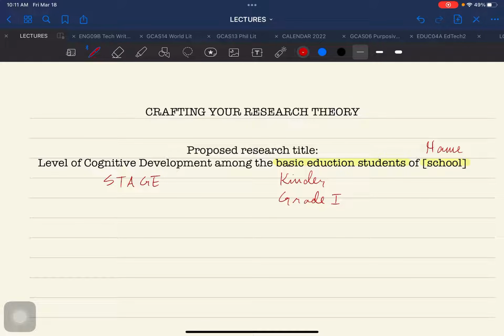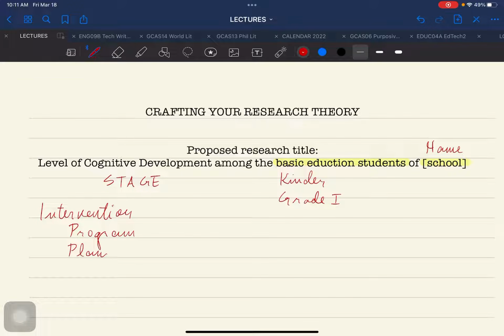This can be a basis for a plan, an intervention in the form of a program or a plan in order to enhance the specific level or stage identified from the findings of the study.